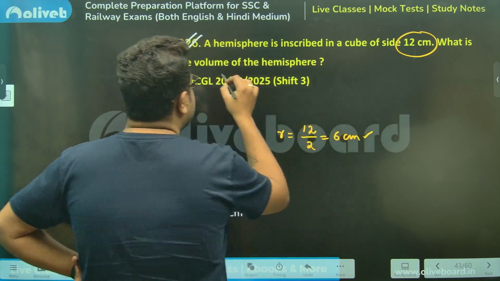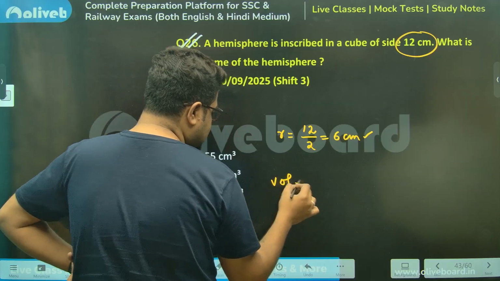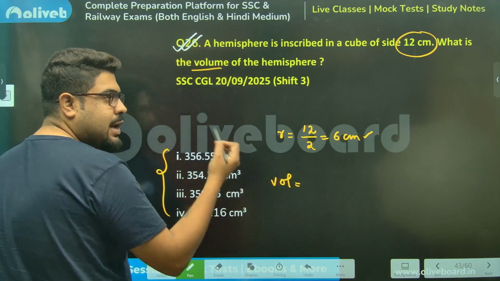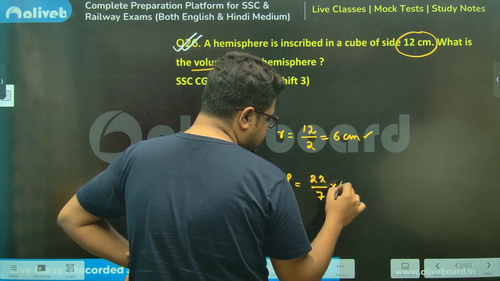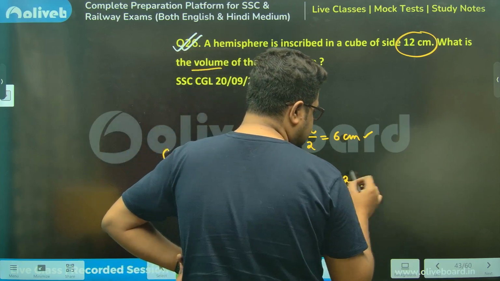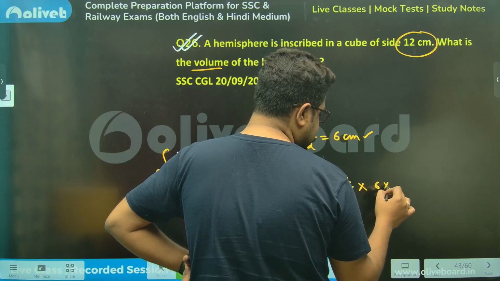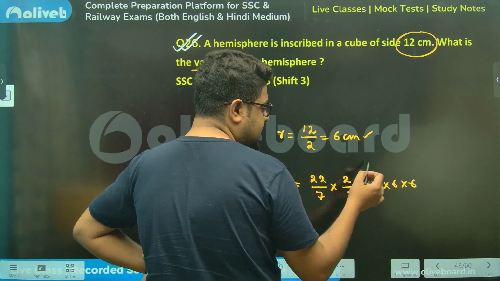They're asking for the volume. There is no pi in the options, so I have to calculate. So 22 by 7, and 4 by 3 meaning this is 2 by 3 into pi into r cube, meaning 6 into 6 into 6. Calculation will be very weird.